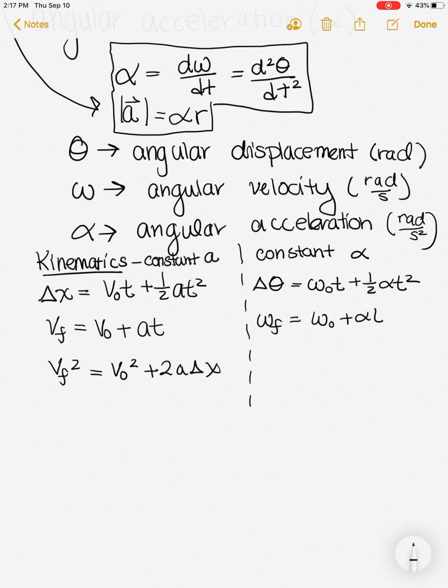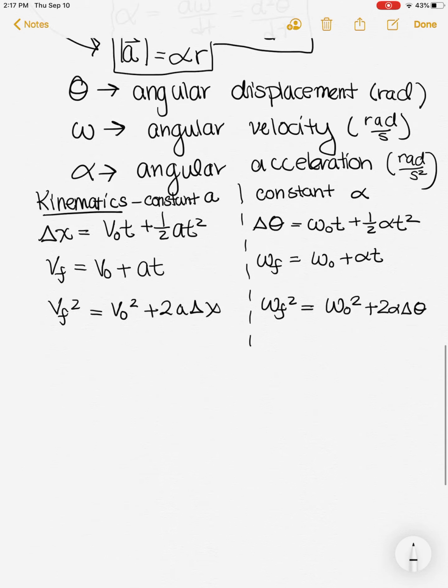We have omega final is equal to omega initial plus alpha times t. Then we have omega final squared is equal to omega initial squared plus 2 alpha times delta theta. So we're basically using the same equations, only we're substituting our forms of angular velocity, angular acceleration, and angular displacement in the analogs for our linear cases.